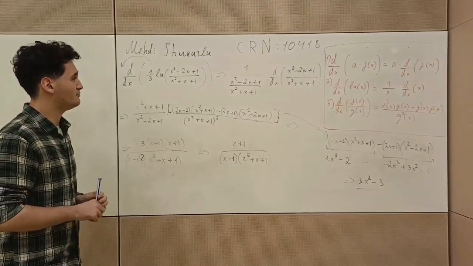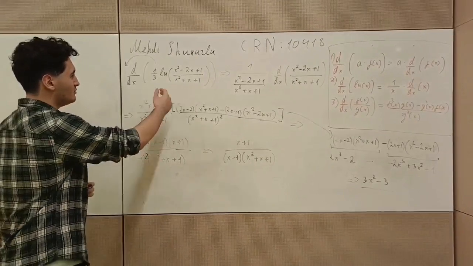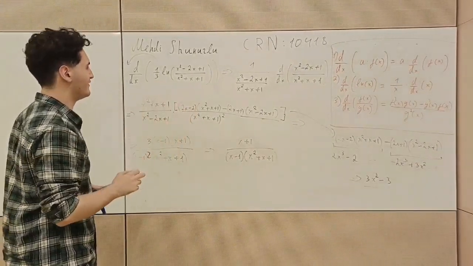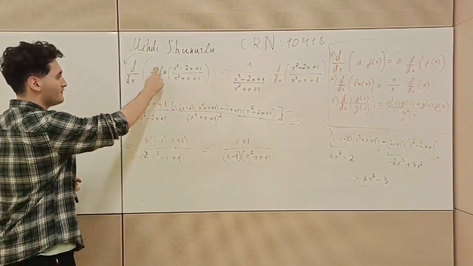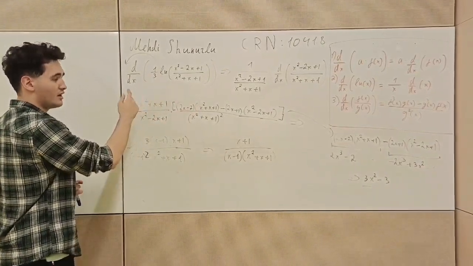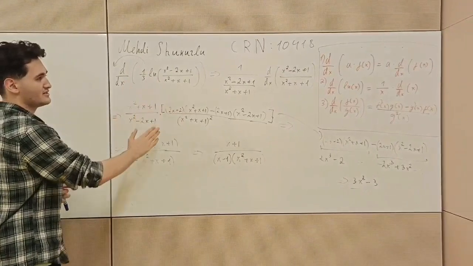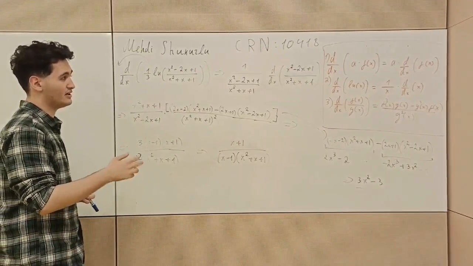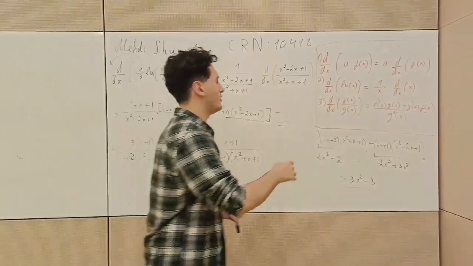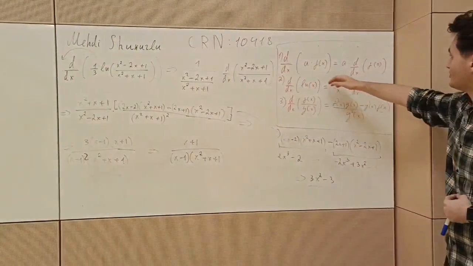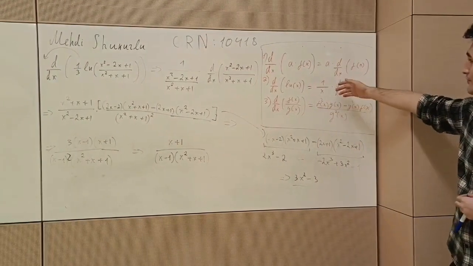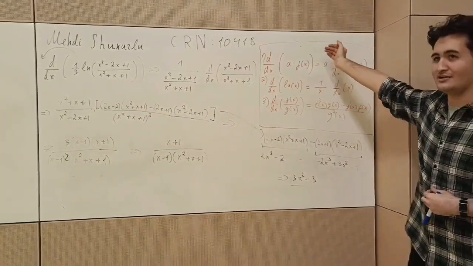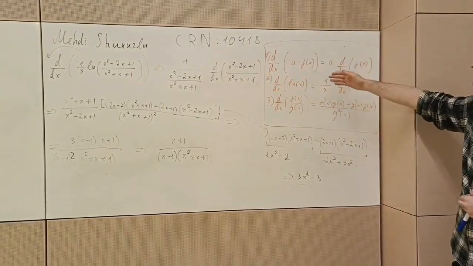To solve this kind of problem, we need to know one thing: if you notice, there's a constant value in the expression itself, and for constants in finding derivatives, we have a formula, which you can see in the first one. If we have a constant value in our derivative, we can just extract it to the outside.